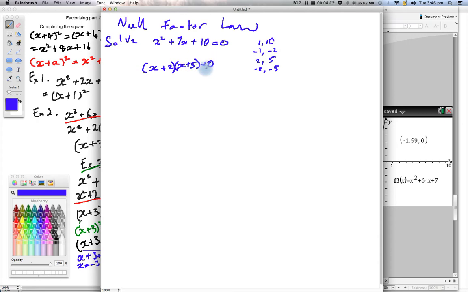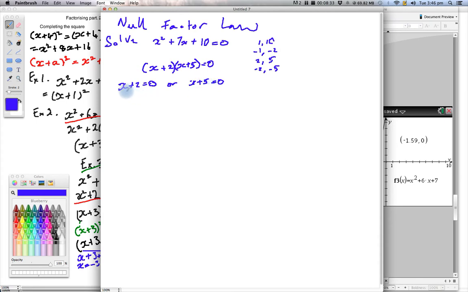Okay, so the null factor law states one of these factors must equal 0 for this to work out. So we have x plus 2 equals 0, or x plus 5 equals 0.